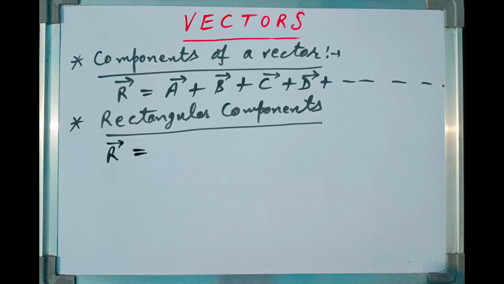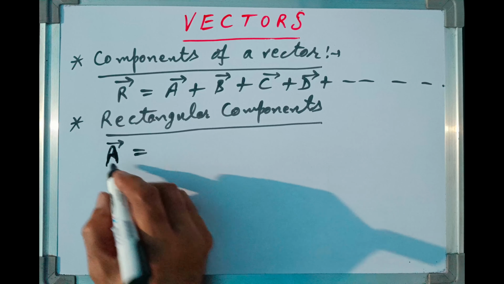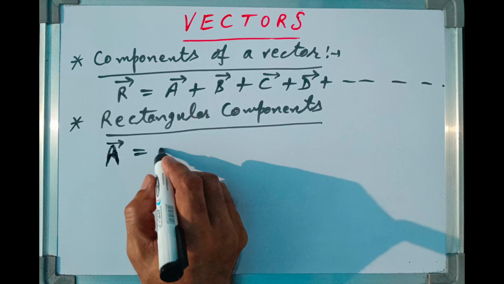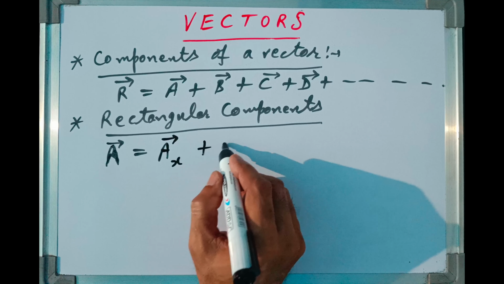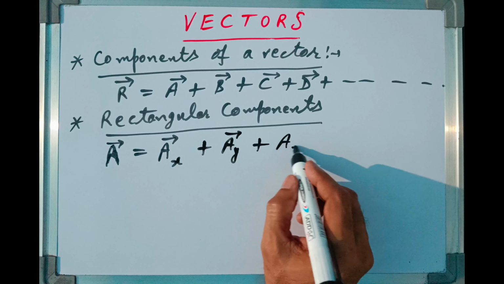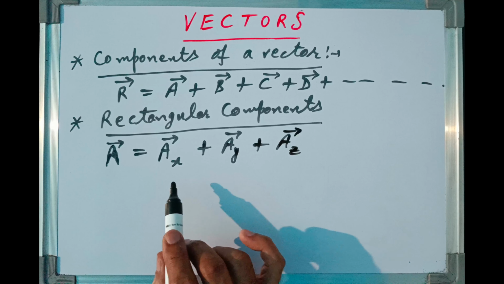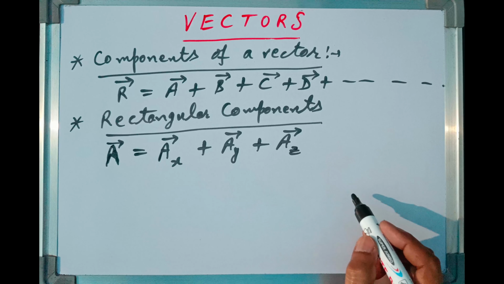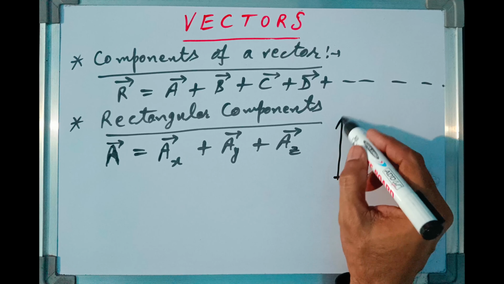Let me take an example that there is a given vector A. Suppose I can split it into 3 vectors. One is Ax vector, second is Ay vector, and the third is Az vector. Not more than 3. What is the meaning of these 3 vectors? Ax vector means component along x-axis. Let me draw Cartesian coordinate system.